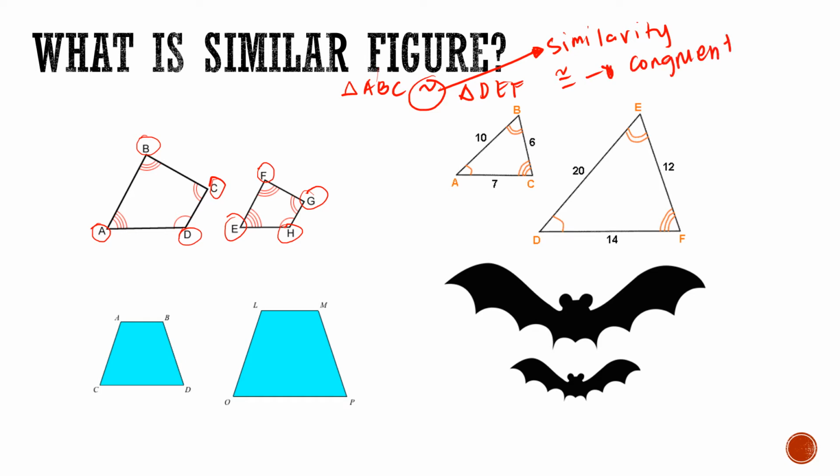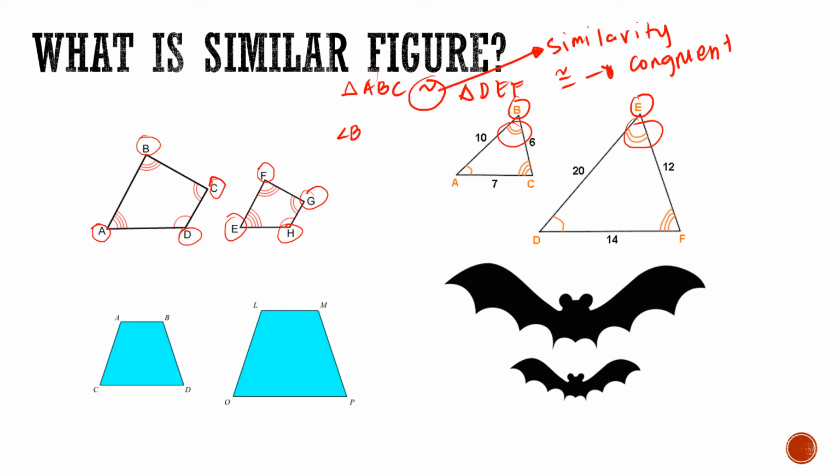Now, let's determine first the angles. The corresponding angles of the two given triangles should be congruent. As we notice, angle B is congruent to angle E since they both have the symbol for congruency.